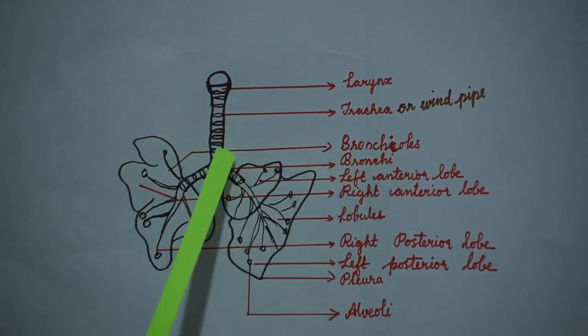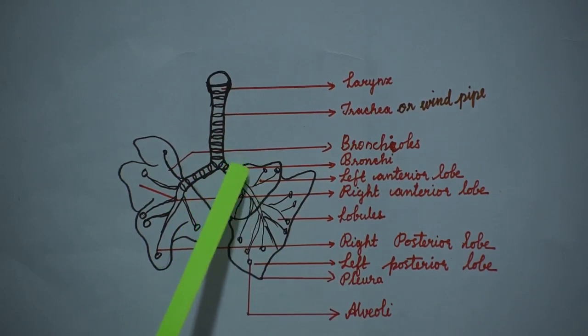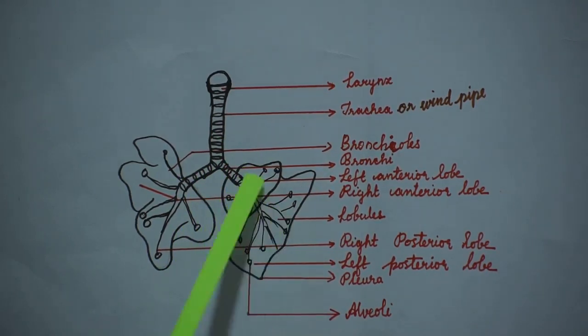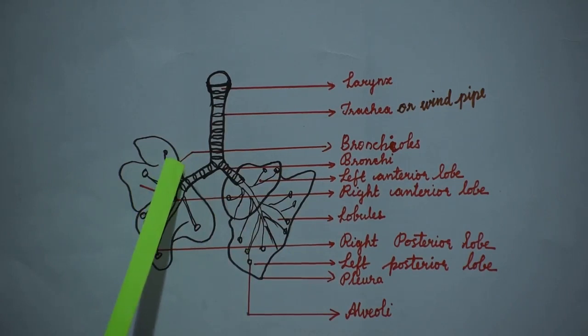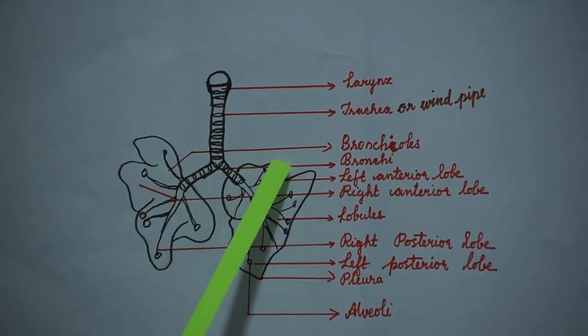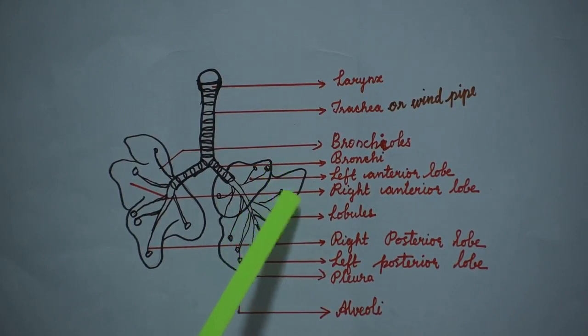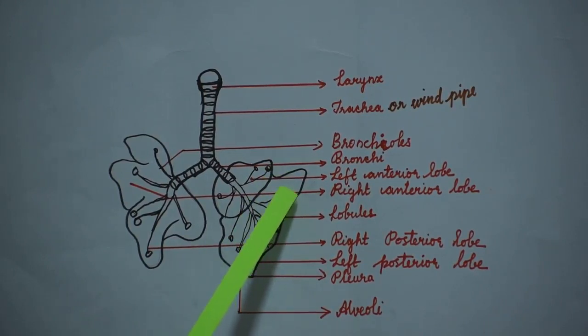Each bronchus enters into each lung. The bronchus further divides into many bronchioles. At the end of the bronchioles, there is a sac-like structure called alveoli. Alveoli help to exchange the gases, oxygen and carbon dioxide.